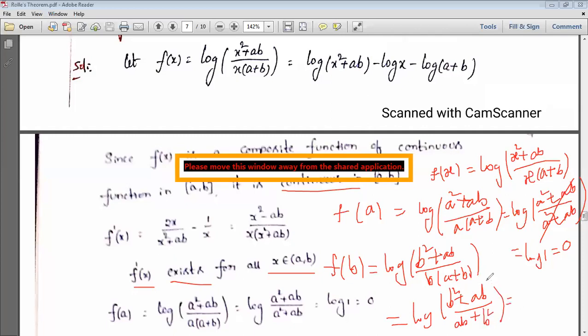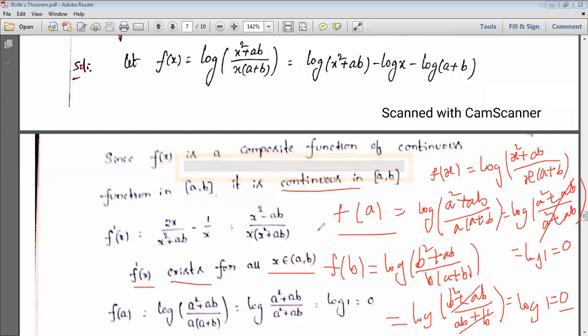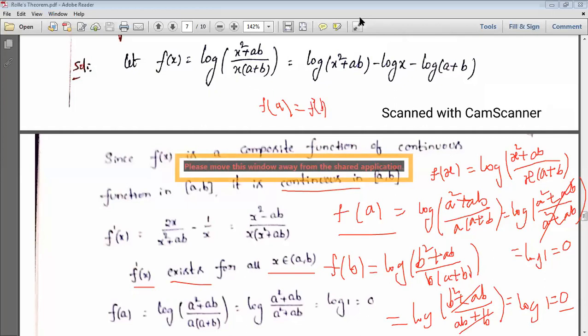Here also, these two cancel, and we get 1. So log 1 is equal to 0. So f of a is 0, and f of b is also 0. Simply, we can write f of a is equal to f of b. Hence Rolle's theorem can be applied for the given function.